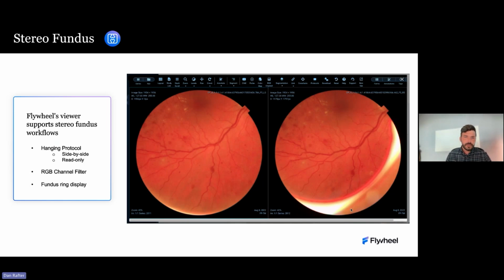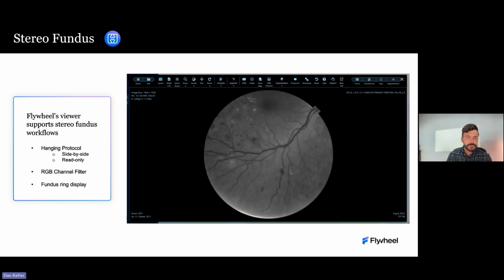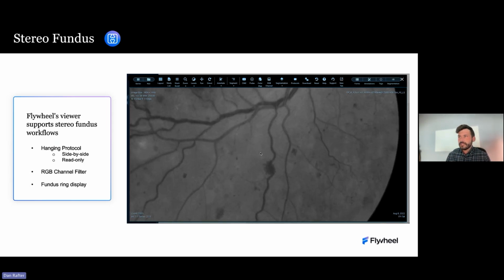We've got RGB channel filtering to unlock the ability to further investigate different findings, which is critical. And then we also have a fundus ring display for understanding the scale of certain findings on the fundus itself.